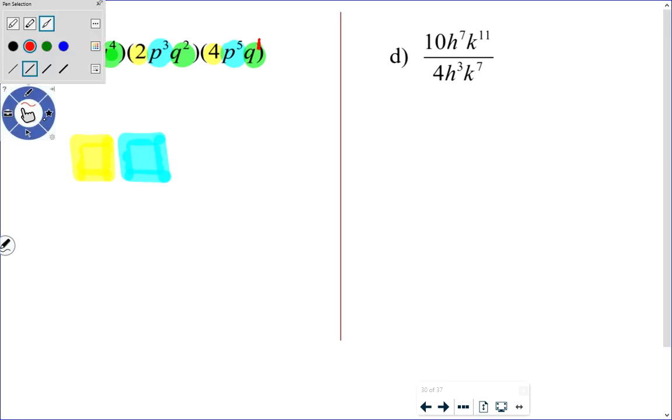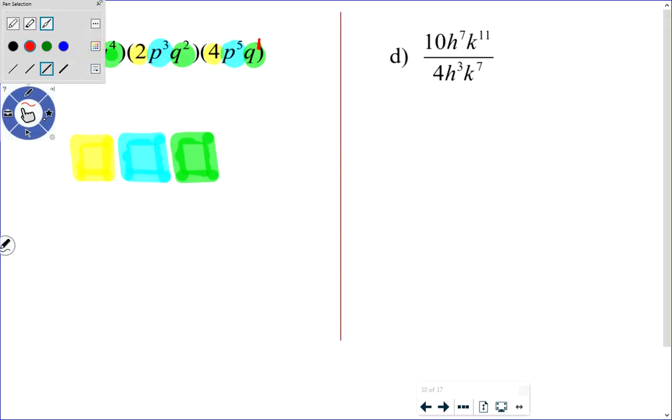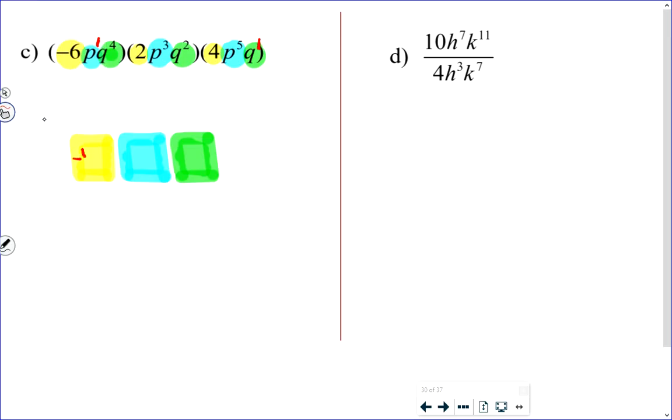It shouldn't be some complicated thought process. You should just be looking at this and saying, I need to figure out what -6 times 2 times 4 is, and you're going to get -48. If you need to double check that with a calculator, feel free, but I'm confident that that's -48.